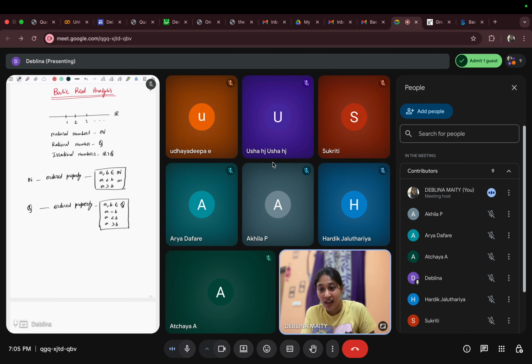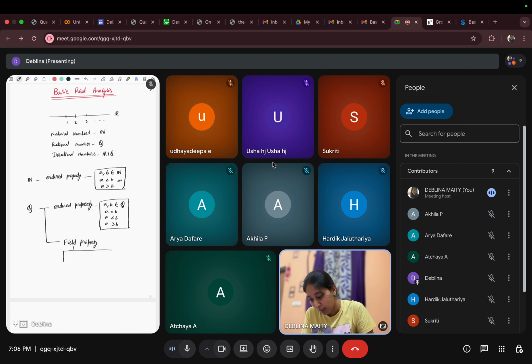Now it also has some property other than this order property, which is the field property, that is the algebraic properties. There are 9 properties actually. I am going to write this.